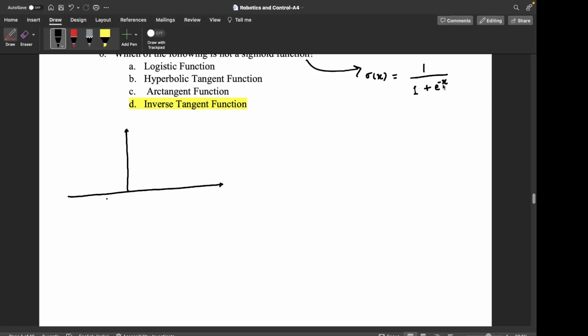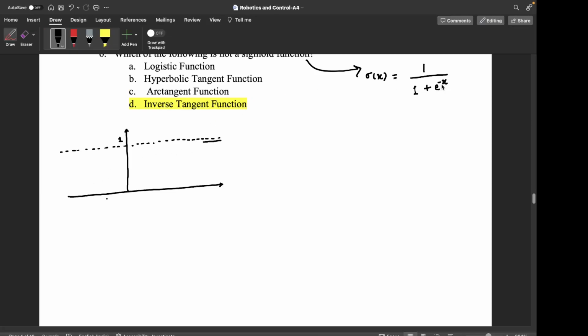So when x is, let's say, infinity, this term will go to 0, so the value would be 1. So asymptotically, as x tends to infinity, this goes to 1.